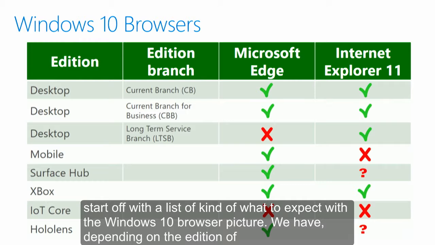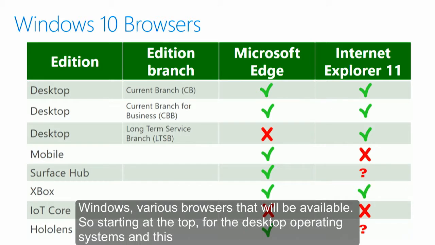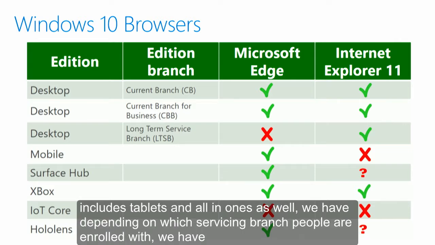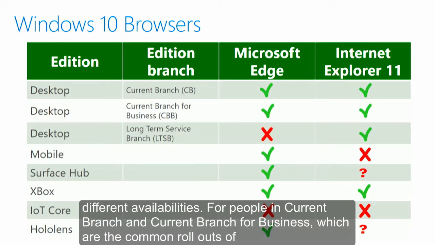First, let's start off with what to expect with the Windows 10 browser picture. Depending on the edition of Windows, various browsers will be available. Starting at the top, for the desktop operating systems, and this includes tablets and all-in-ones as well, we have different availabilities depending on which servicing branch people are enrolled with.